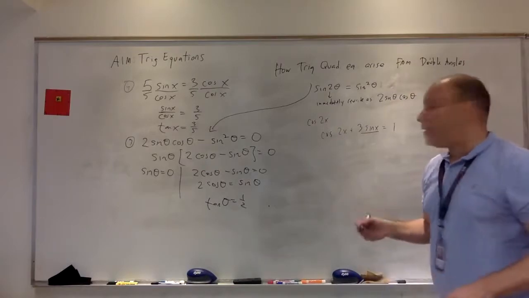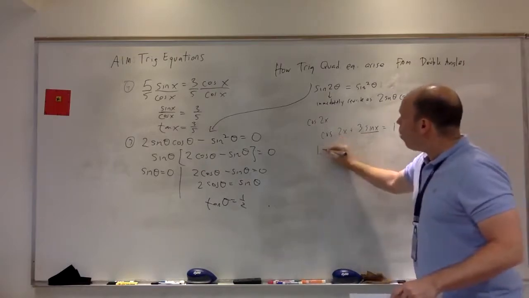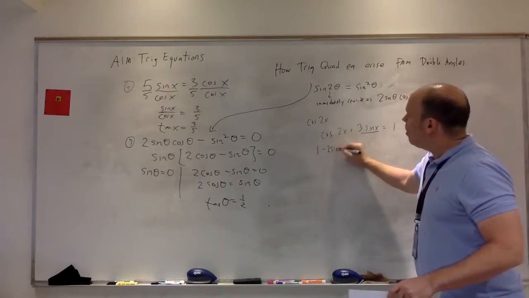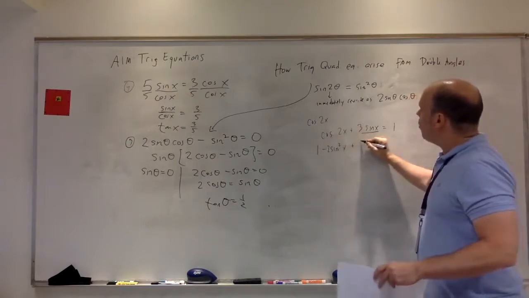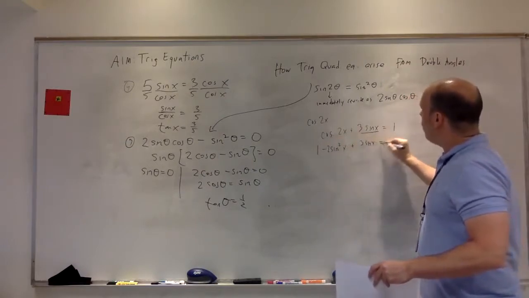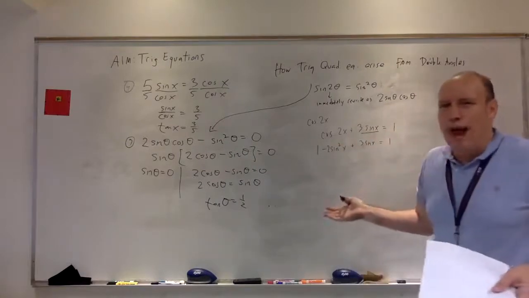So we're going to use our Pythagorean identities. Recall from yesterday, this is 1 minus 2 sine squared of x plus 3 sine of x equals 1. Now we have just a basic quadratic equation.